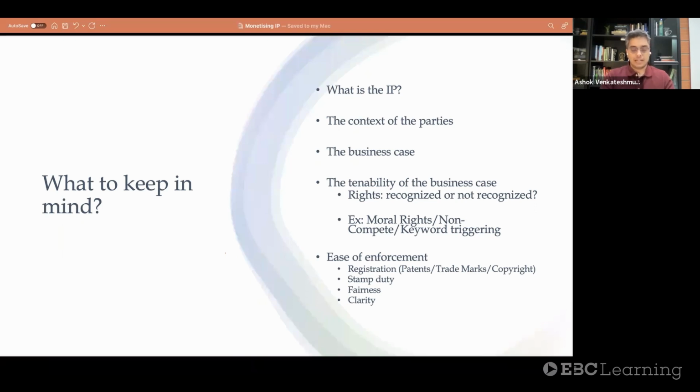Okay. And last but not the least, when you're drafting a contract for IP purposes, you also have to keep in mind the ease of enforcement. Ease of enforcement is achieved through the appropriate choice of governing law in case of cross-border contracts.